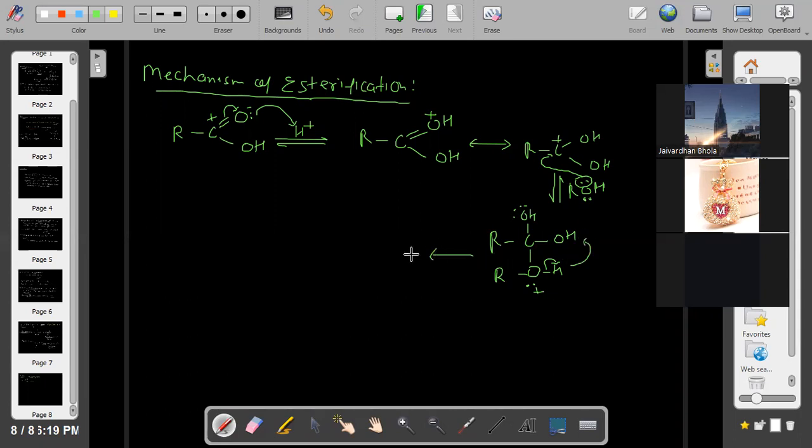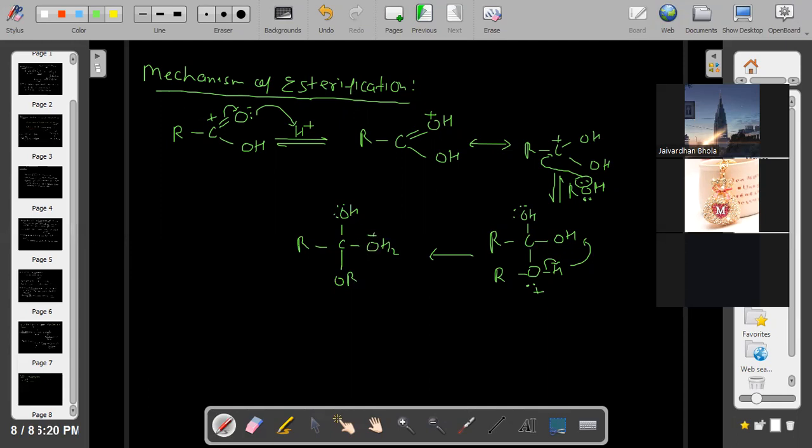Then RC with OH and OR, and then OH2+, because the proton is here.